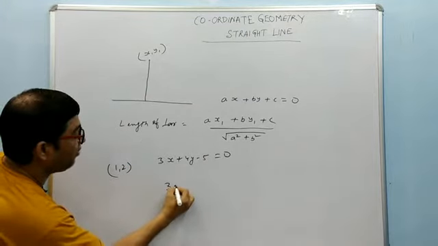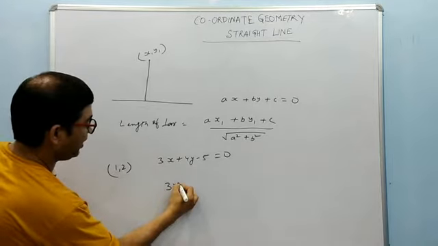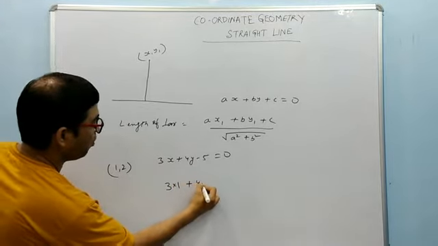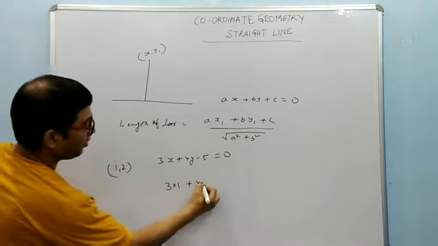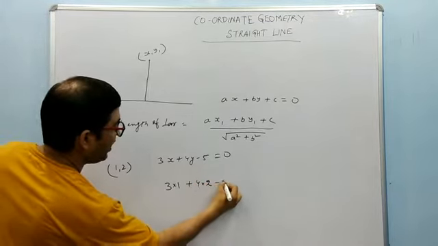You just write for x the x coordinate of the point, that is 1, plus 4 times, for y, the y coordinate, that is 2, minus 5.